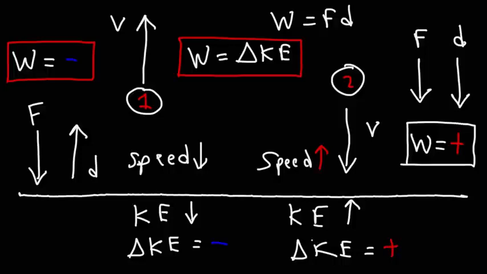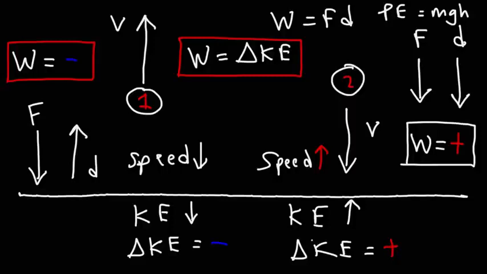Now what about potential energy? Gravitational potential energy depends on the object's position relative to some reference point. So basically it depends on the height of the object as well as its mass. Now ball 1 is moving up. It's moving away from the ground.